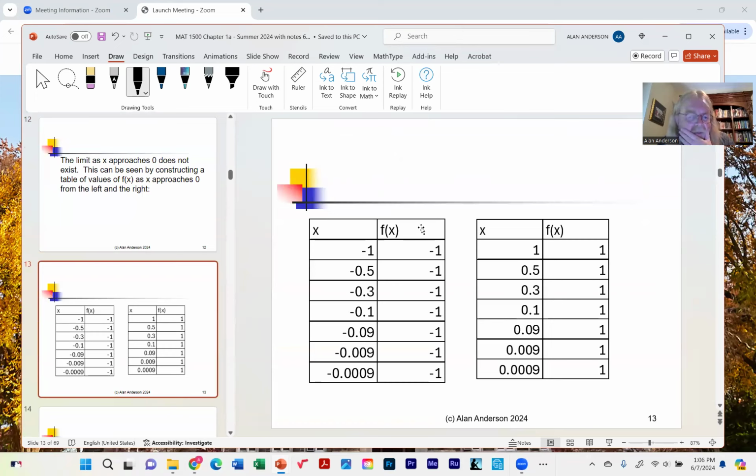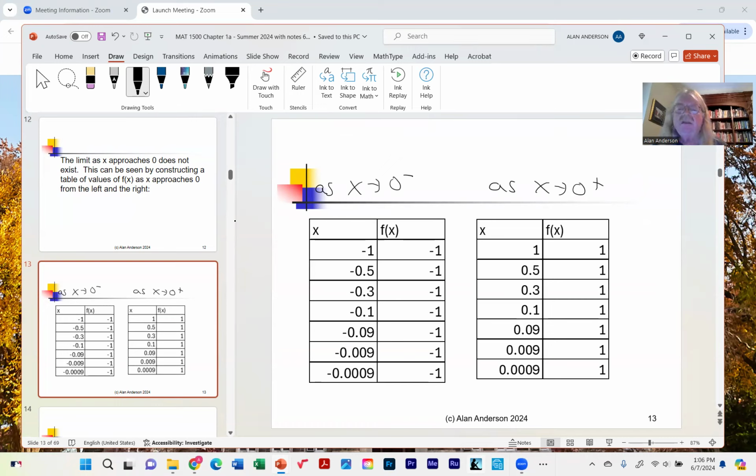And here are the tables, by the way, to prove it. You can see as we come from the left, and here as we come from the right, we're heading in a different direction. In fact, the function can only have the two values, -1 and +1.